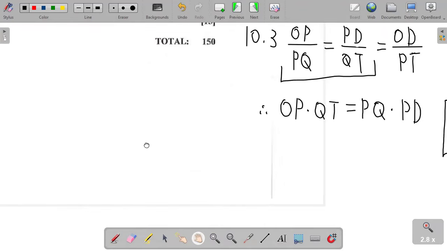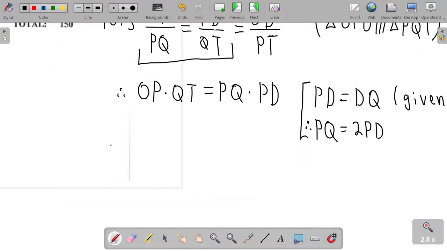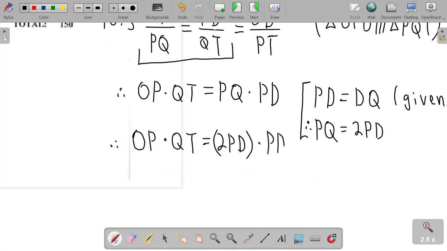So this means that OP times QT equals, for PQ we can put 2PD, then for PD we can put PD, and so equals 2PD squared.